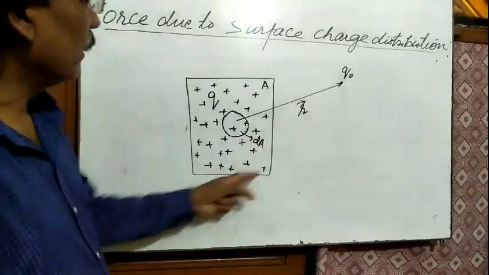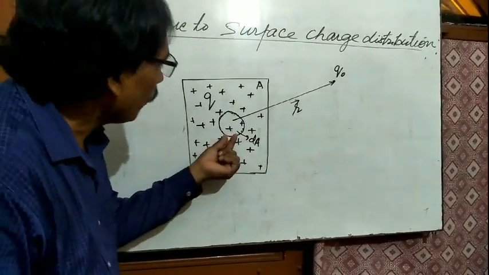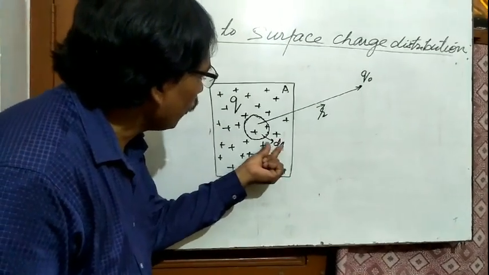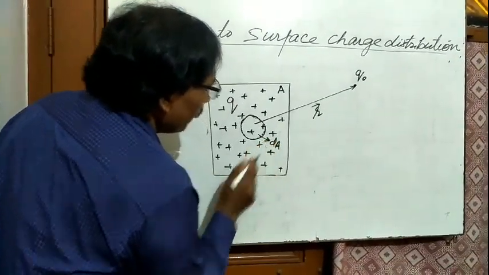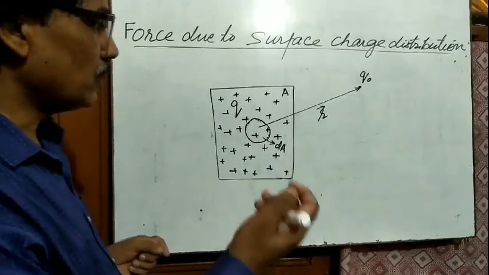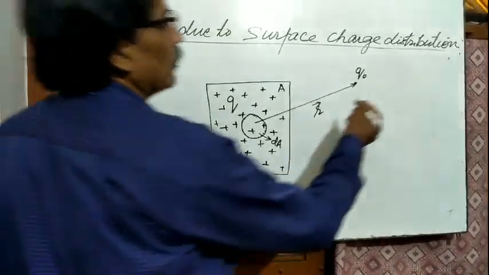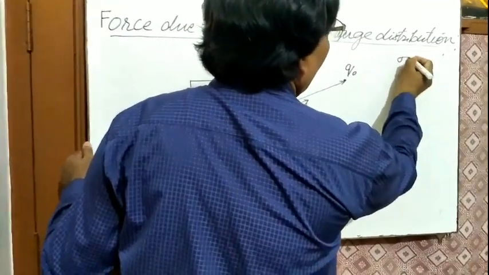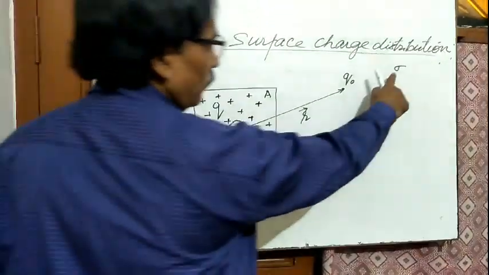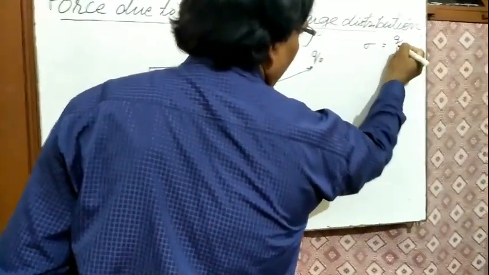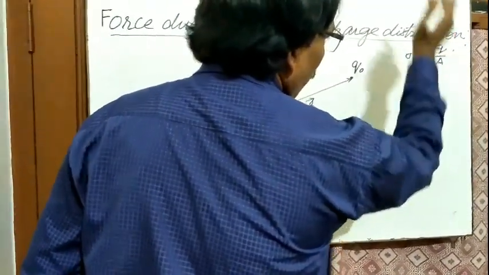Now in the whole area the charge is Q. What will be the charge in this small area dA? Sigma is Q by A, that is charge per unit area.